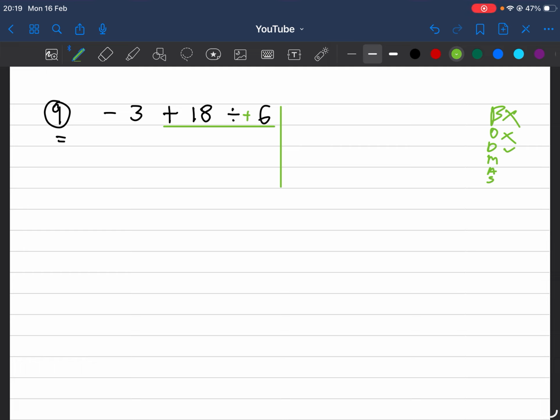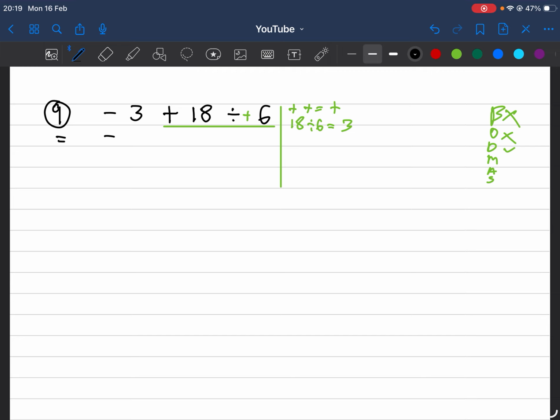Let's do some working out. A positive and a positive is going to equal a positive, and 18 divided by 6 is going to equal 3. Okay, we've done our working out. Let's see what's going to happen. We read from left to right. Did we change our negative 3? Well, no, we didn't do anything to it.